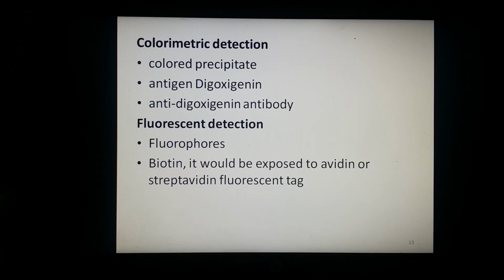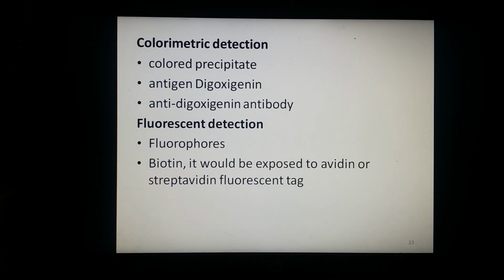The second method that we will discuss is fluorescent detection. Fluorescent detection involves probes which are directly or indirectly labeled with fluorophores. For example, if the probe is labeled with biotin, it would be exposed to an avidin or streptavidin fluorescent tag, and when the labeled probe is exposed to the fluorescent tag, the fluorophore will emit light at an appropriate wavelength.